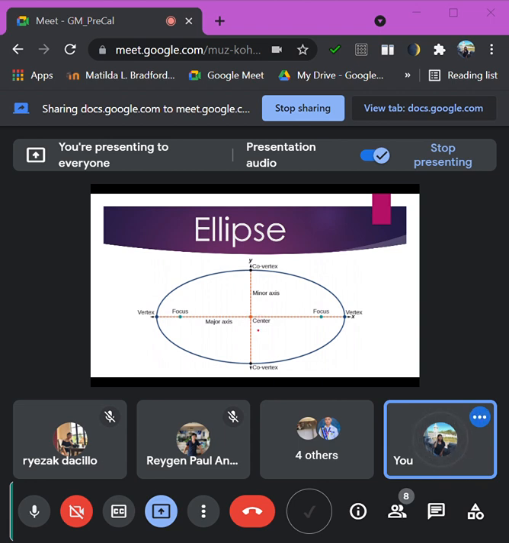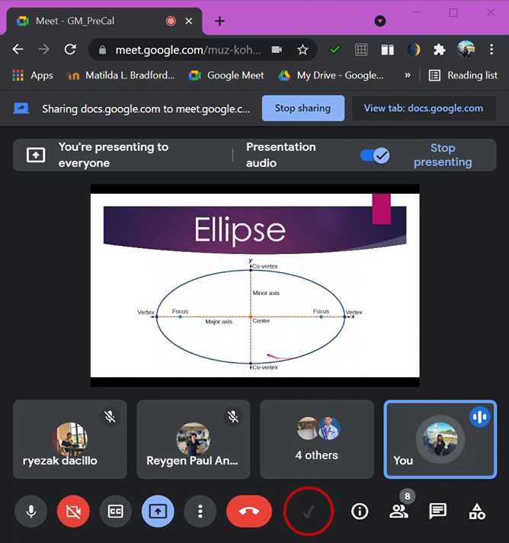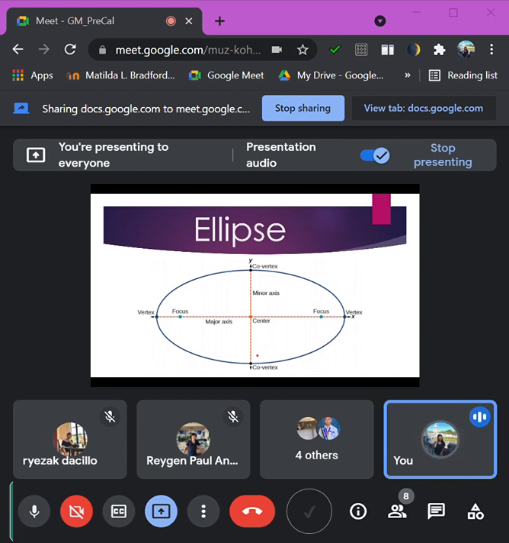By the way, an ellipse could be like this, horizontal or higda, and it could be possibly as vertical. Okay, vertical or varog. So in this case, class, as you can see, higda siya. So meaning to say, our major axis is on the x-axis.